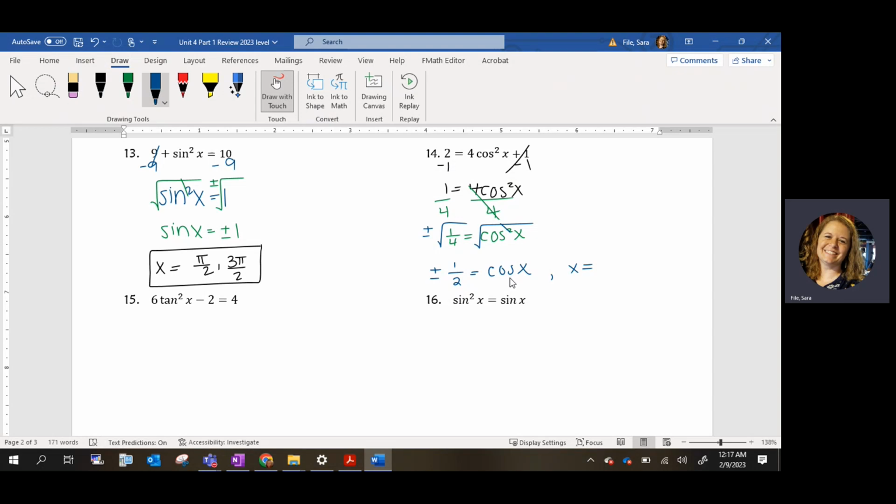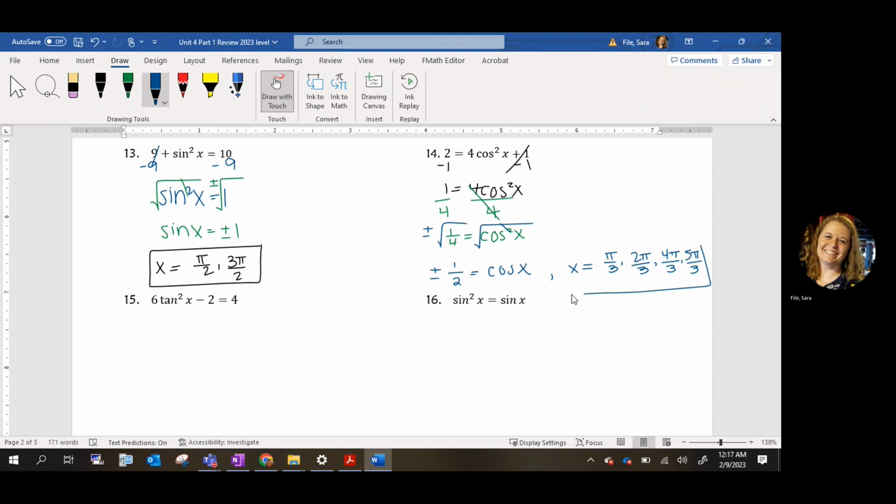The x value of the ordered pair is 1/2 at pi thirds. So it's the pi thirds angle in all 4 quadrants. There you go.